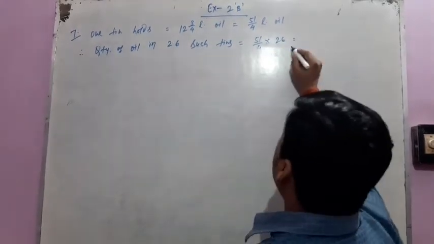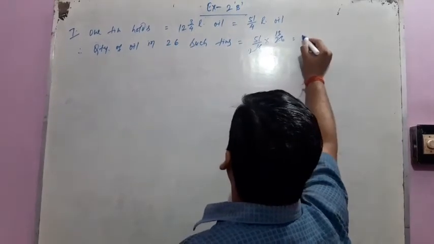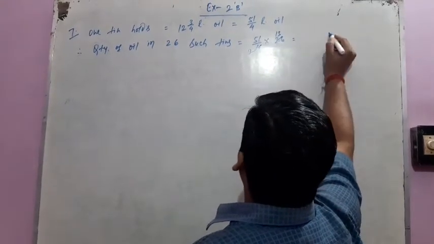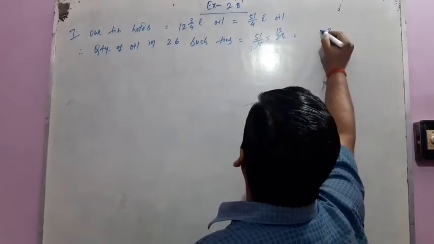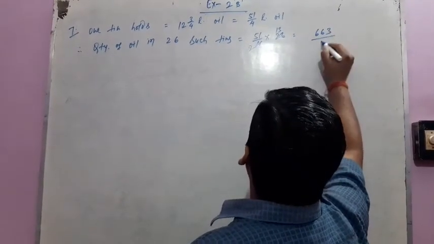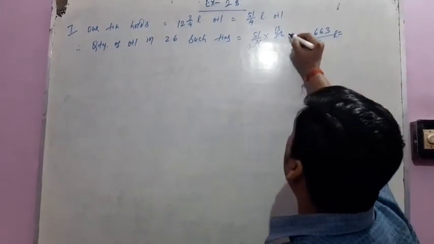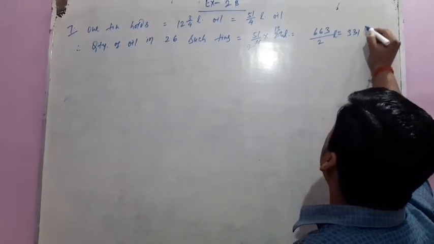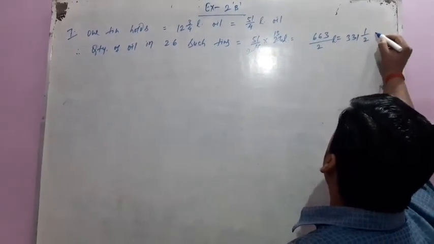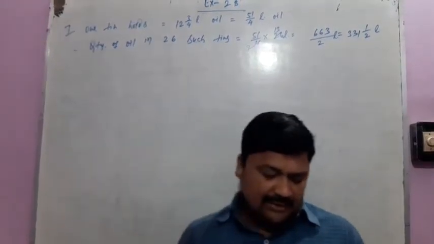Now, by solving it, we get the value 2 to the 4, 2 13 is 6, 13 1 is 13, 13 5 is 65 and 1 66 by 2. Again converting in whole number, that is in liter value. 2 3 is 6, 2 3 is 6, 2 1 is 2, 331 whole 1 by 2 liter of oil. Question number 8 is also same.